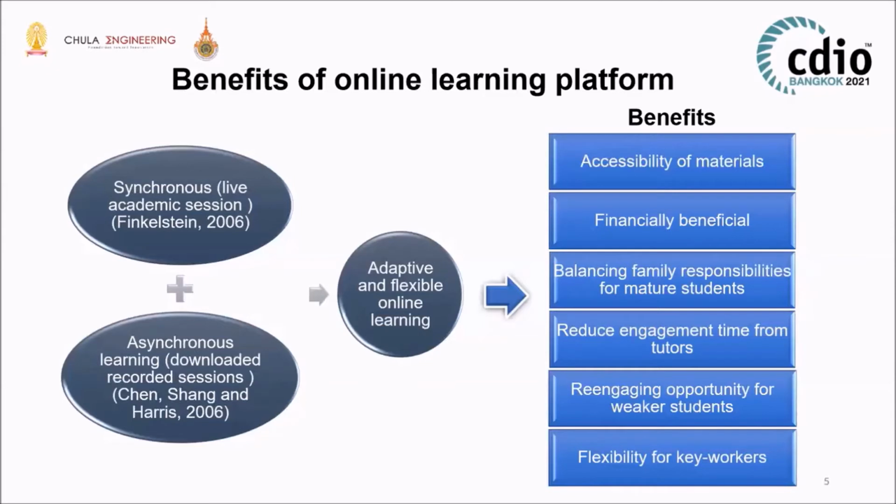Students learn from two modes of online learning method. In synchronous learning, they had the opportunity to attend live academic sessions of lecture, practical and seminar. In asynchronous learning, they could download the recorded session. Together, both these methods created an adaptable and flexible online learning platform for the students.